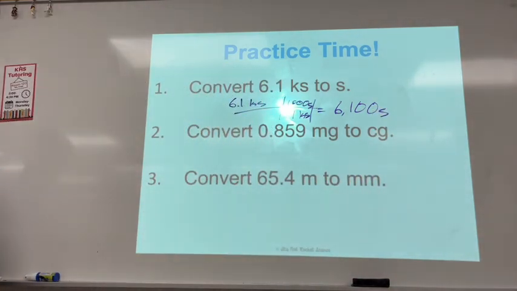Yes? Question is, how do I round this appropriately to account for significant digits? 6,100. How many significant digits should I have in my answer? Let's talk about this.